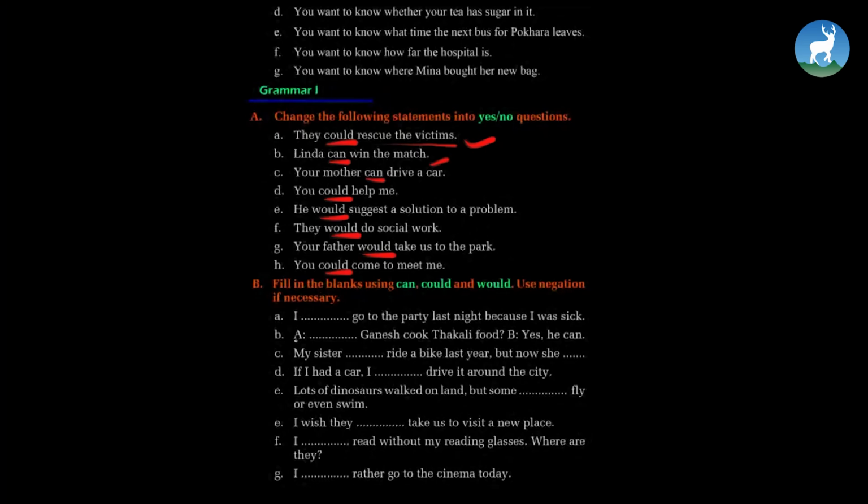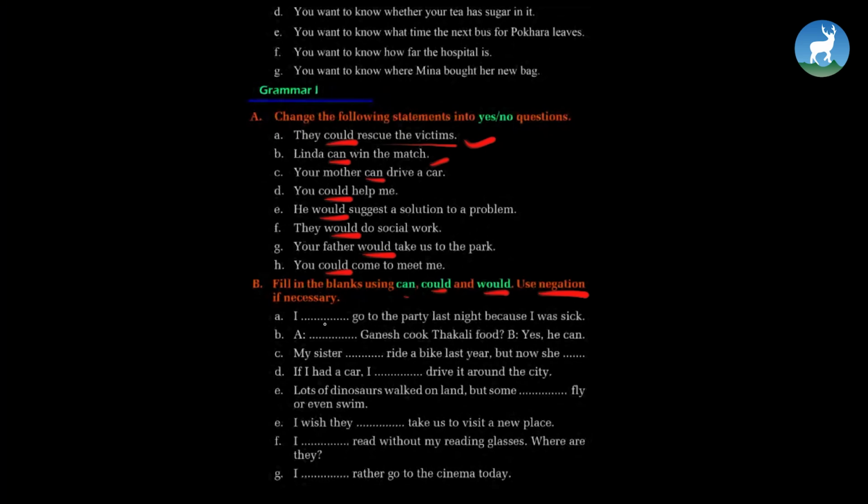Now let's dive into another exercise. Fill in the blanks using can, could, and would. Use negation if necessary. Negation means the negative of can, could, and would, that are can't, couldn't, and wouldn't. So let's try the first one. I dash go to the party last night because I was sick.